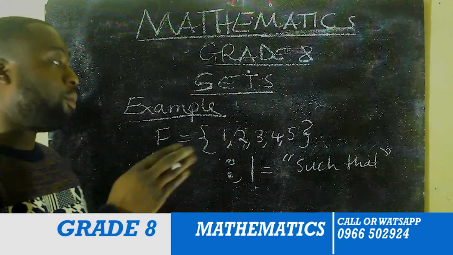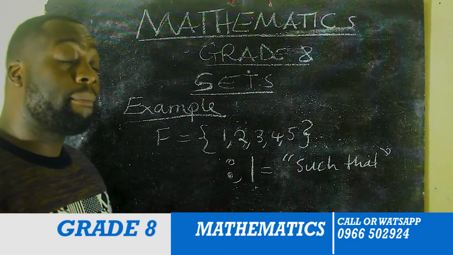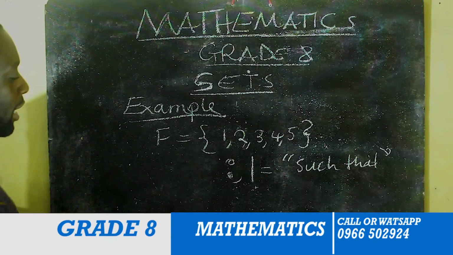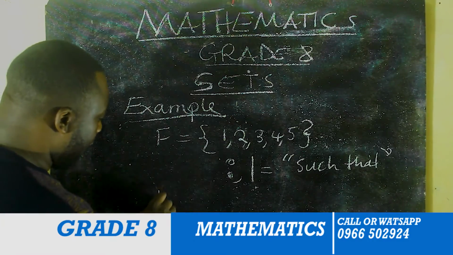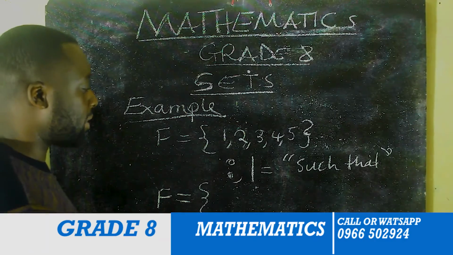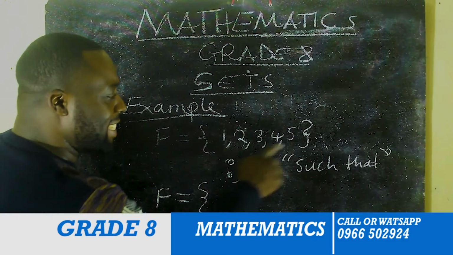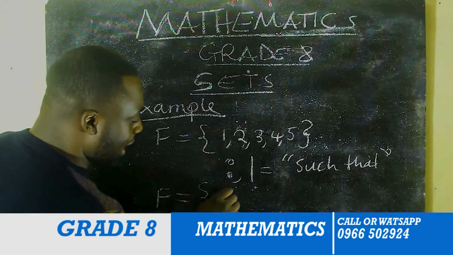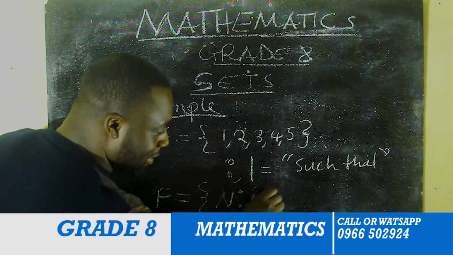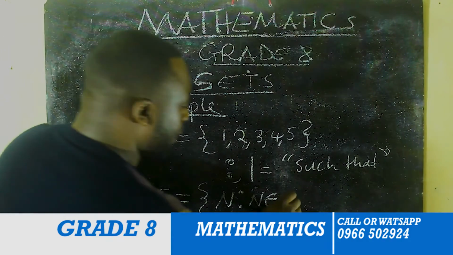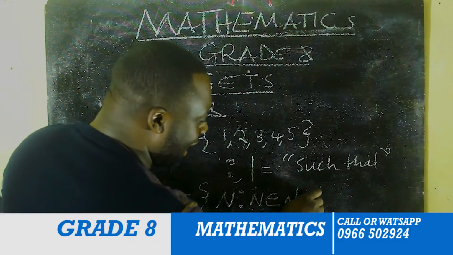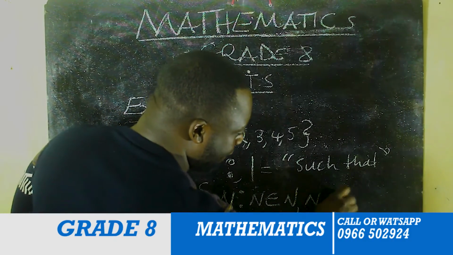Now, how can we represent these first natural numbers in set builder notation? We say F = {, we open with the curly braces. Then, since these are natural numbers, we say n such that n is a member of N, and n is less than 5.